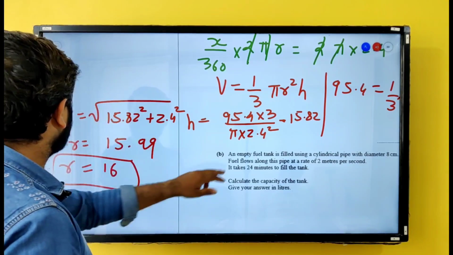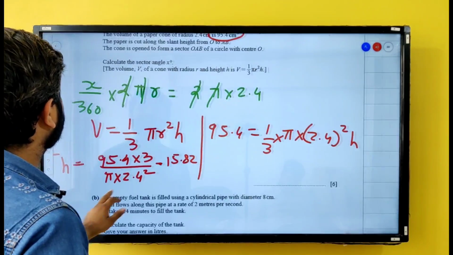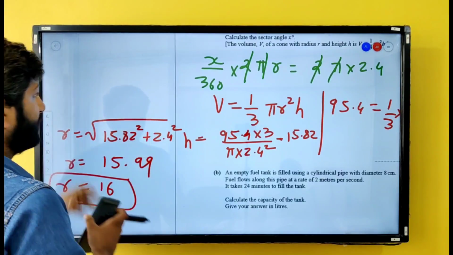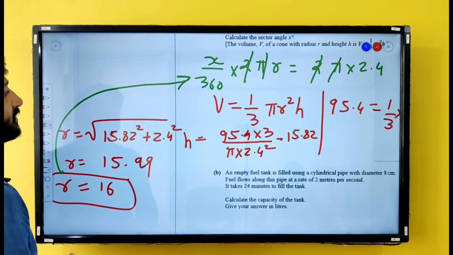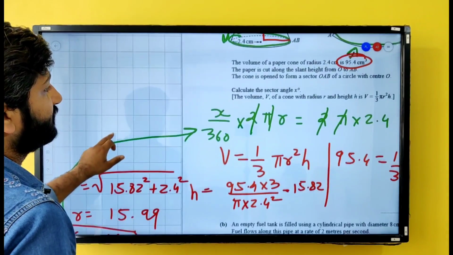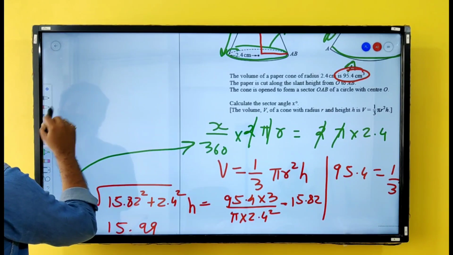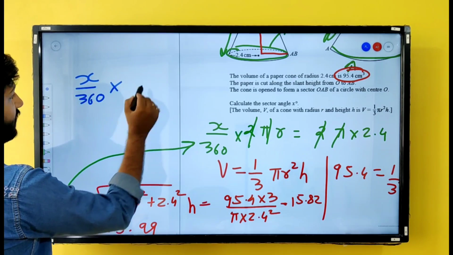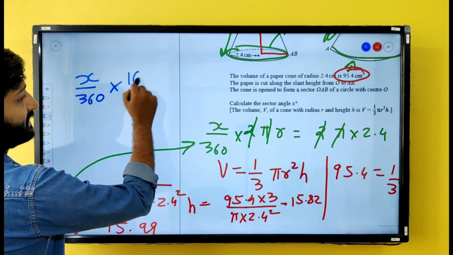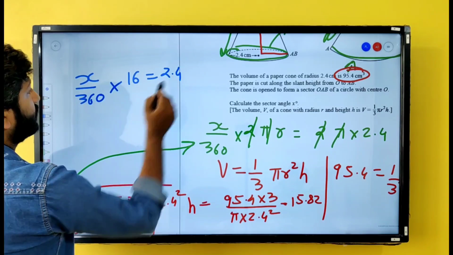Right? Now let me substitute the value of radius or the value of r in this equation. So now I have x upon 360 into 16 is equal to 2.4.